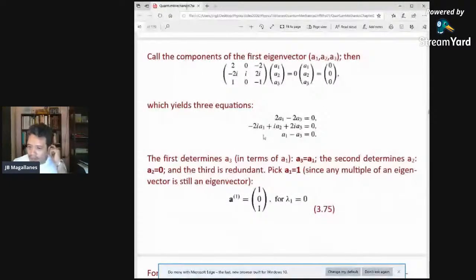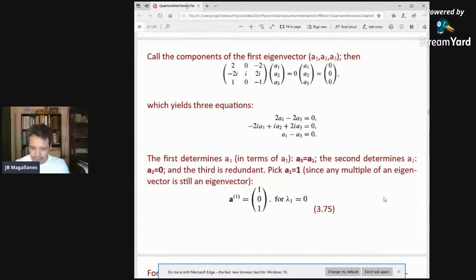Here, a1 and a3 are the same, so this can cancel, and then you will have a2 equal to 0. So now you know these, and you know this.